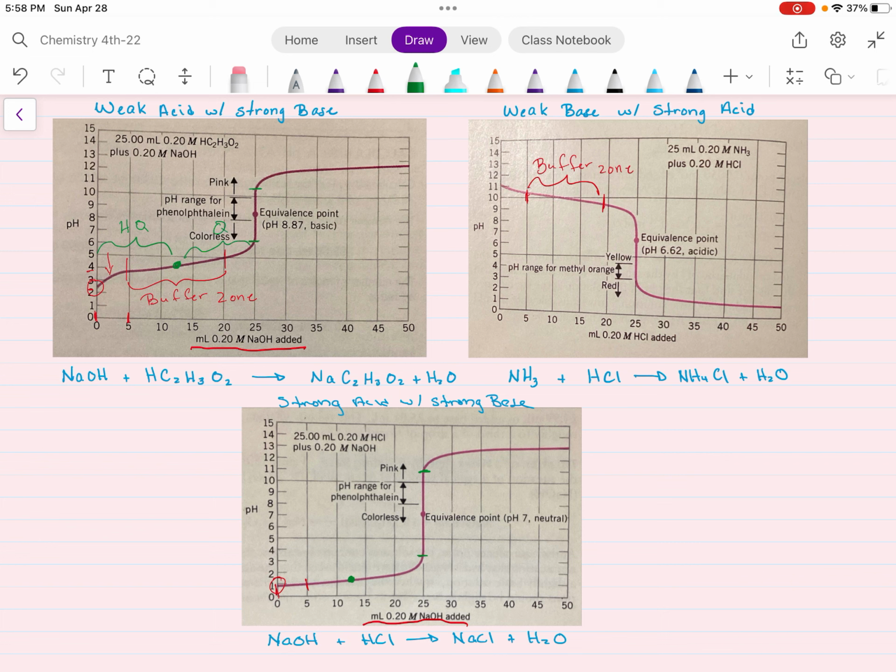So what's happening in a weak acid is that it's reacting with the base, right? It partially dissociates because it's a weak acid. It doesn't dissociate as much. And as it begins to neutralize, it's releasing an acetate ion. An acetate ion is the anion of the acid that is released when it's combined with water, right?